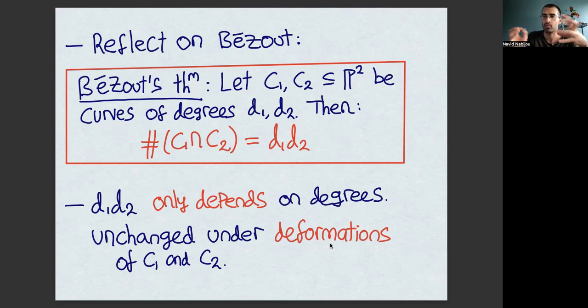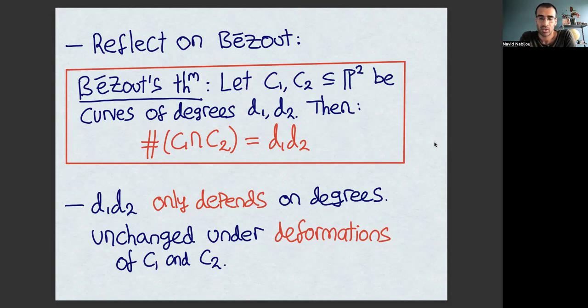When I do that, my C1 will morph, but this intersection number won't change. It's quite intrinsic to just the fact that my curve had some fixed degree. This may be reminiscent of what we saw with the circles of Apollonius at the beginning.